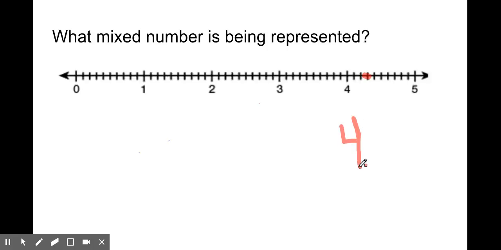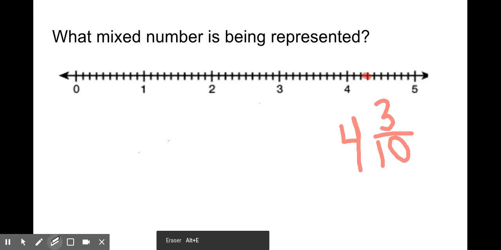So 4 wholes. We know that the total number of spaces in one whole isn't going to change. It's 10. It's not always going to be 10, but always on this number line, it's going to be 10. And then the spaces after my whole number, 1, 2, 3. So this is 4 wholes and 3 tenths.